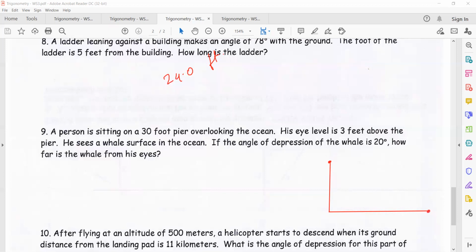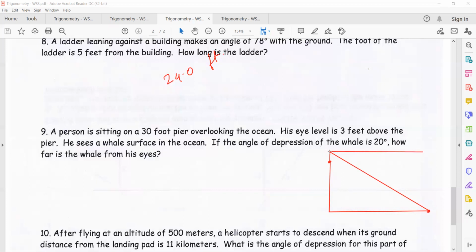Now the person's eye level is 3 feet higher than the pier. Now the angle of depression to the well is 20 degrees.